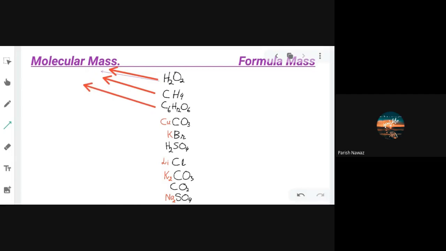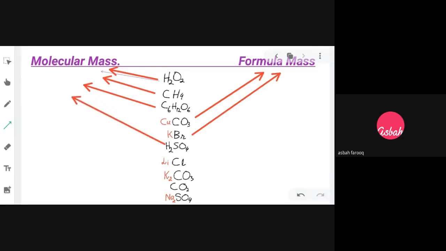And then copper carbonate, CuCO3. What is this? Formula mass. Okay, then potassium bromide. Formula mass. Exactly. Then H2SO4. Molecular mass. Okay, good. And then lithium chloride, the next one. Formula mass. Exactly.